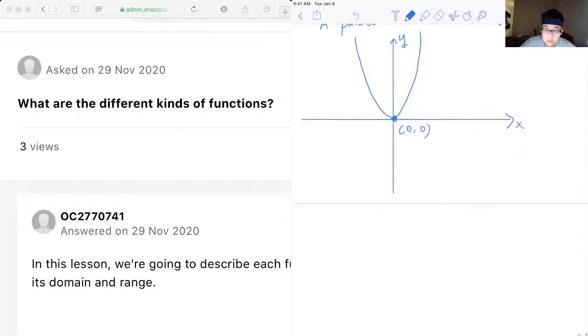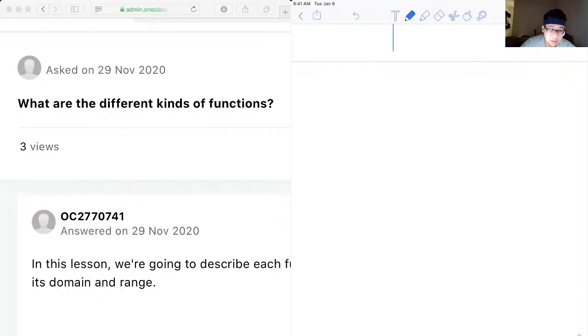Okay, and next we have the square root function. This is denoted by f(x) = root x.